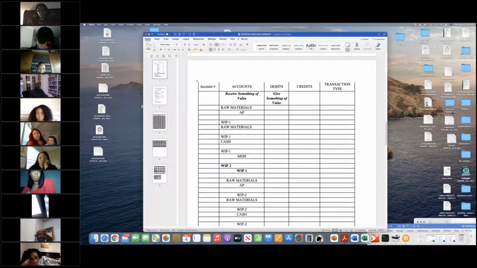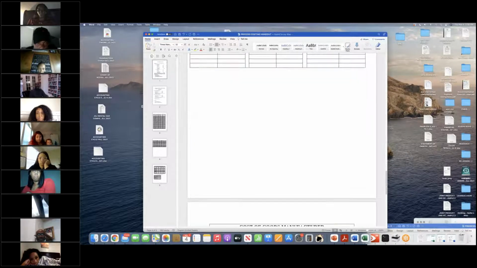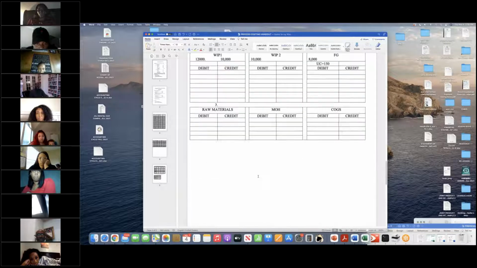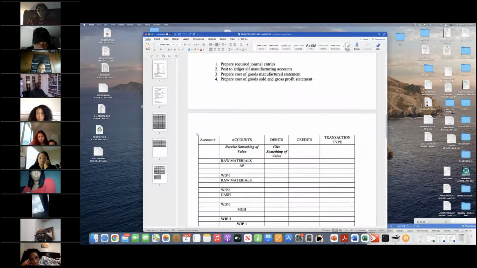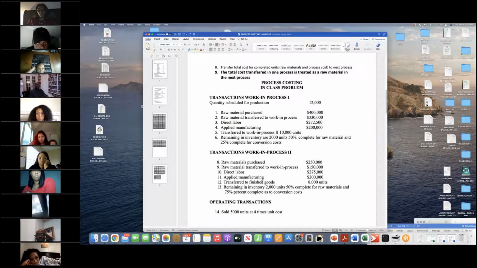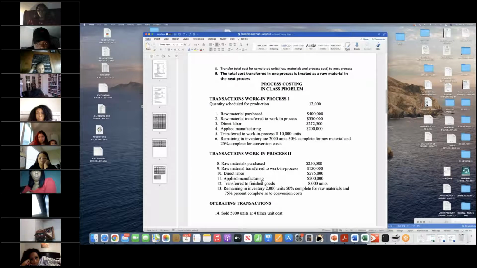Was there a ledger in the handout? Yeah, there's a ledger in the handout I gave to you. And these are no more than 2-minute journal entries, since you have both the journal entry that is to be made and you got the amount. So go ahead and make those postings. So journalize and make those postings.